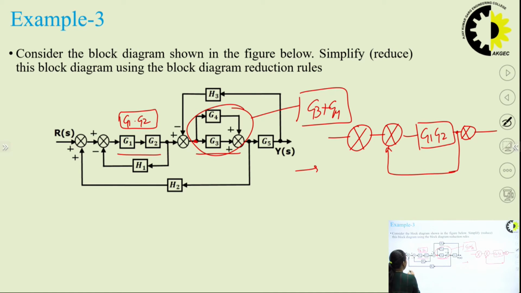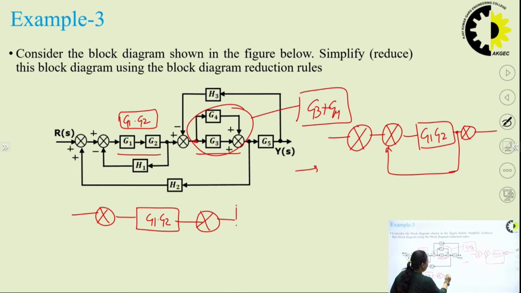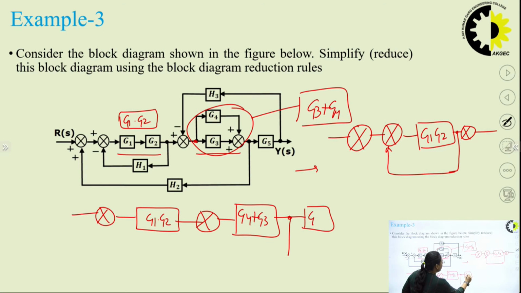Okay, so now this is the summing point. This is a single block G1 into G2. Then there is again a summing point, and I can represent these two blocks as connected in parallel, G3 with G4, and the takeoff point is going here, and this is G5 and this is Y(s).